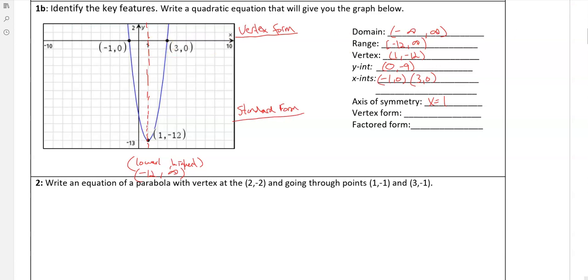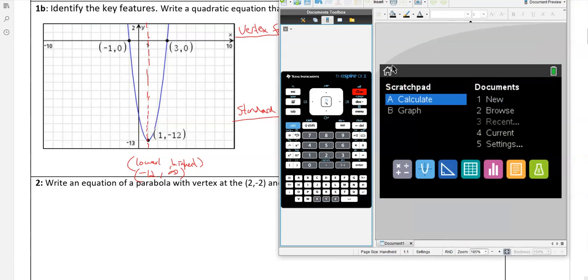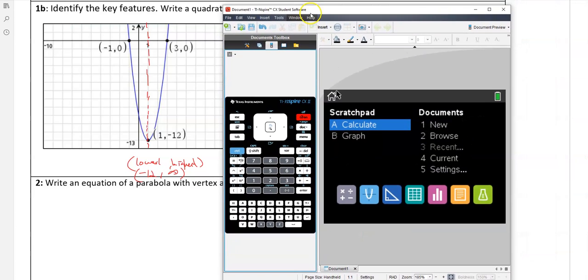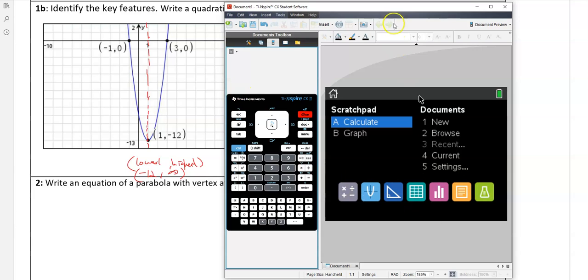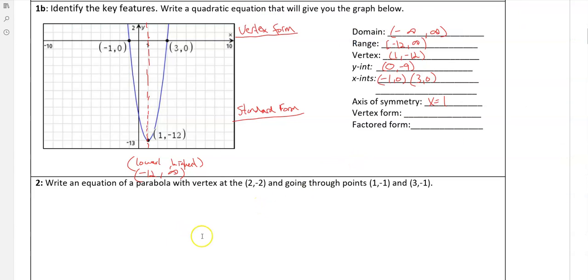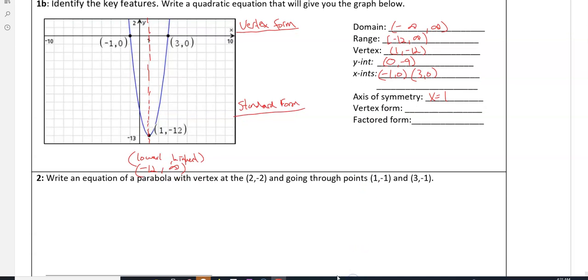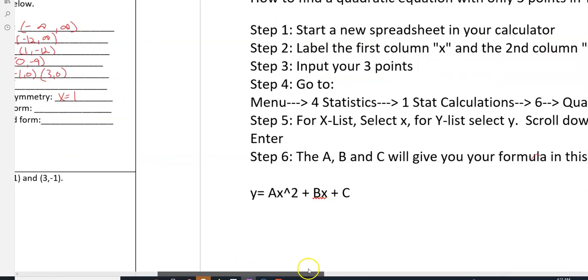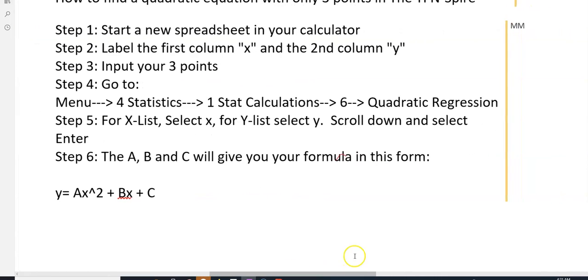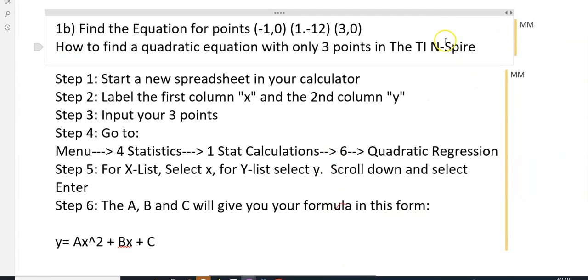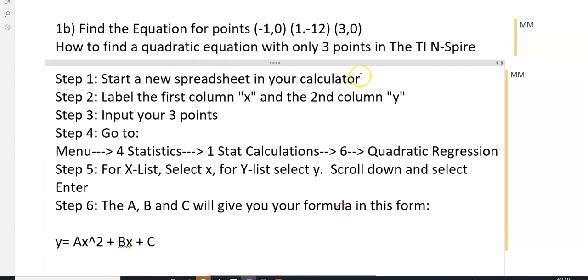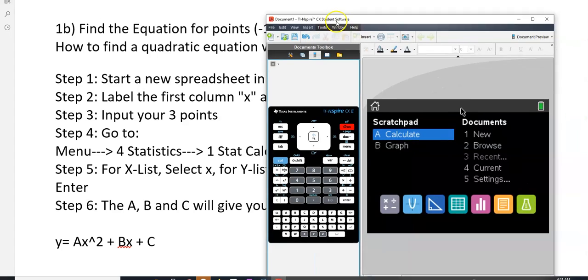Before I do the calculator, I'm going to show you the steps, and you can write these notes down or take a picture if you need to. These are the steps to find the equation in the TI Nspire. Part 1 is to start a new spreadsheet in your calculator. So I'm going to start a new spreadsheet in the calculator.